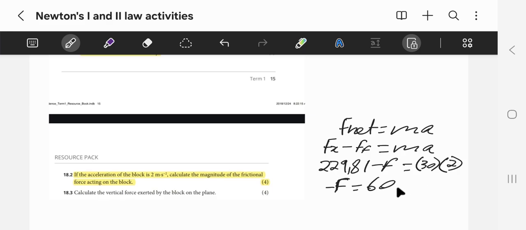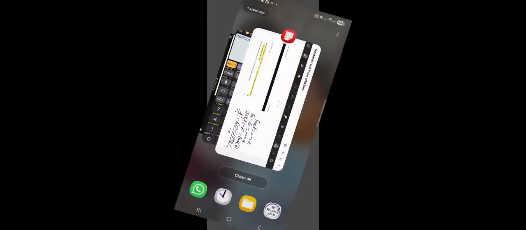When you take this one to the other side, it becomes negative 229.81, and then we divide by the coefficient of F on both sides, which is -1, and then we'll go to the calculator.